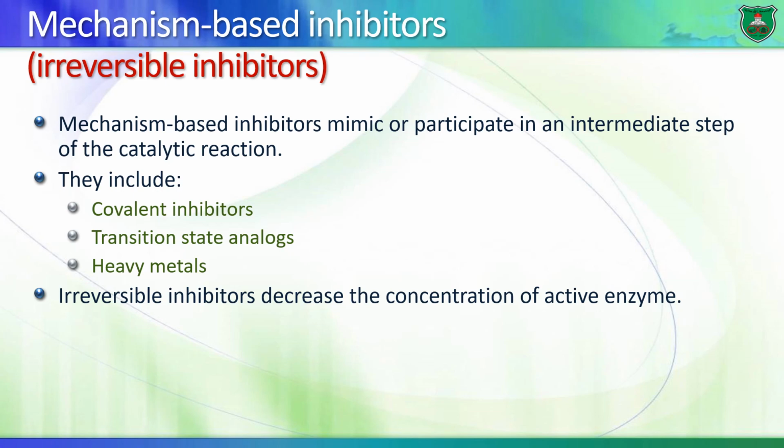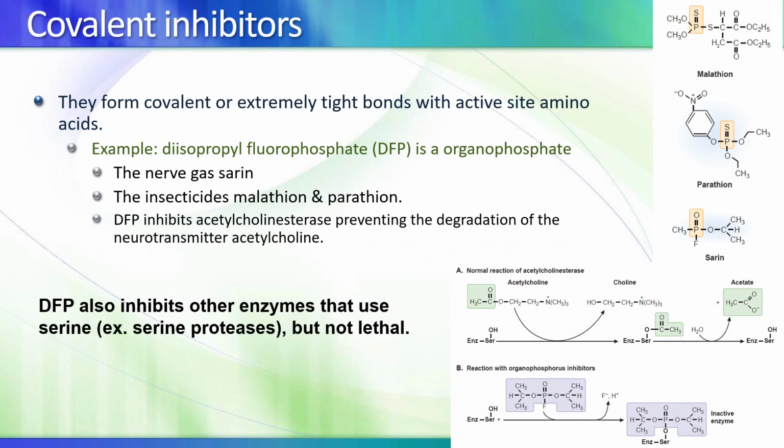So let's talk about some examples in here. You have covalent inhibitors, okay? What they do is that they bind to the active site of the enzyme very tightly, covalently, and they kill the enzyme. They prevent the substrate from binding to the active site, okay? Now, an example is a molecule known as diisopropyl fluorophosphate, or DFP.